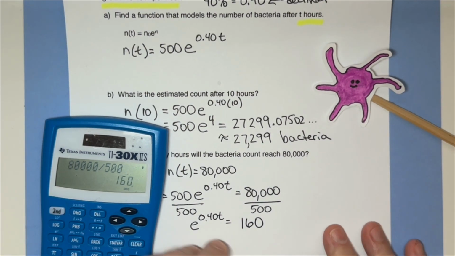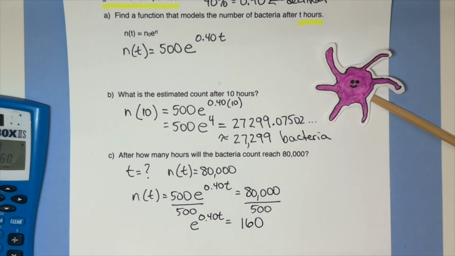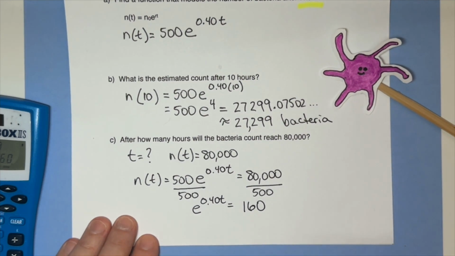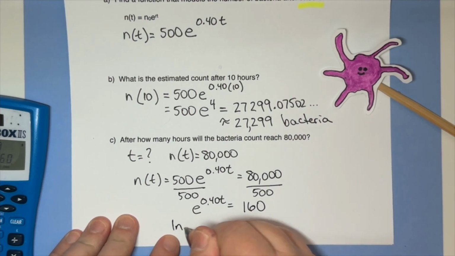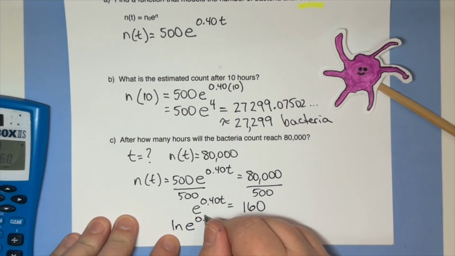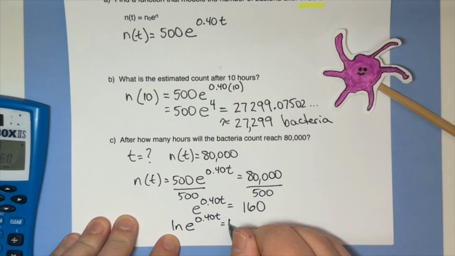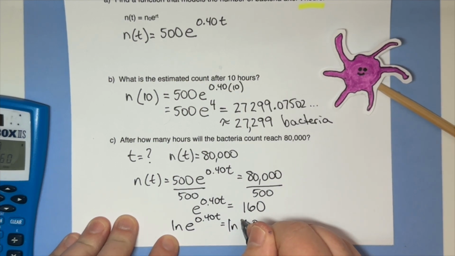Yay! I've still got it. Okay, now either take the natural log of both sides or just convert to logarithmic form. I think the book likes to take the natural log of both sides, so we can go ahead and practice that. The point is, you've got options.